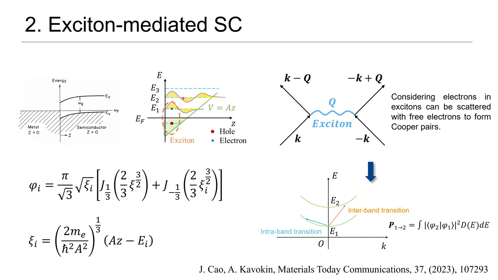Here we consider the case where the exciton is a heavy exciton, so the heavy hole will remain here, and the exciton will participate in the momentum transfer between these free electrons. This is what we treated in this case.